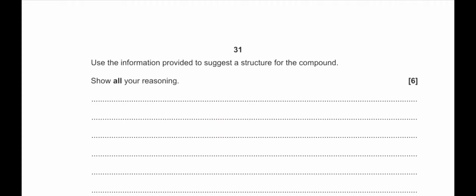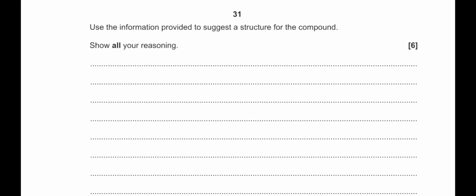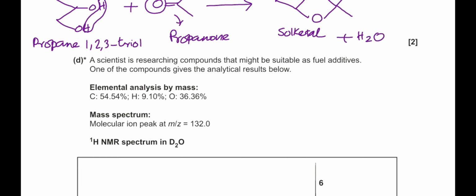Use the information provided to suggest a structure for the compound. Show all your reasoning. So the main task for us is to find the structure of the compound. To find the structure, we have to find the molecular formula. Using the percentage composition given here, we can find the empirical formula, and using the molecular mass given here, we can finally find the molecular formula.